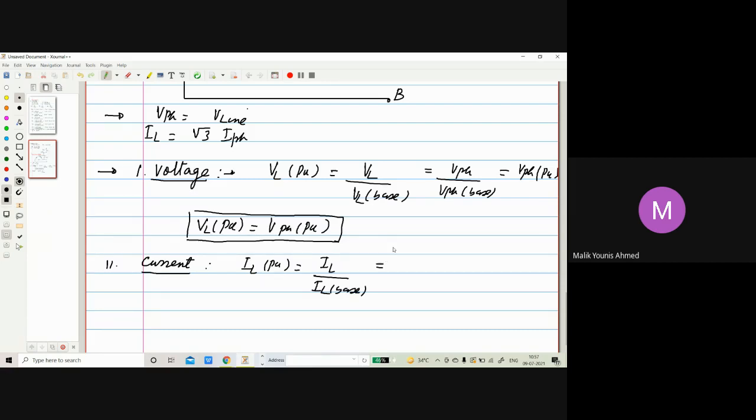Similarly, the current relationship in the actual system is IL equals root 3 I phase, so the same relationship exists for the base value also, I phase base, and if you cancel root 3 and root 3, I phase divided by I phase base will be the value of current in phase in per unit for a delta connection. So line values and phase values both will be the same.